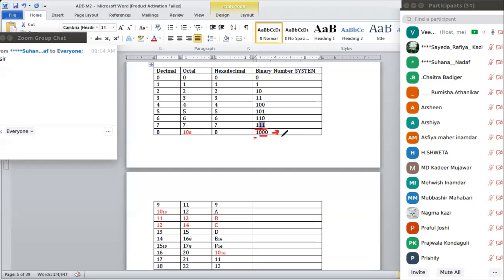Like 1 is there, 1 into 2 raised to how many positions? 0, 1, 2, 3. 2 raised to 3 plus 0 into anything is 0, plus 0 into anything is 0, plus 0 into anything is 0. So 2 raised to 3 is 2 into 2, 4. 4 into 2, 8. Right? 8 into 1 is 8.